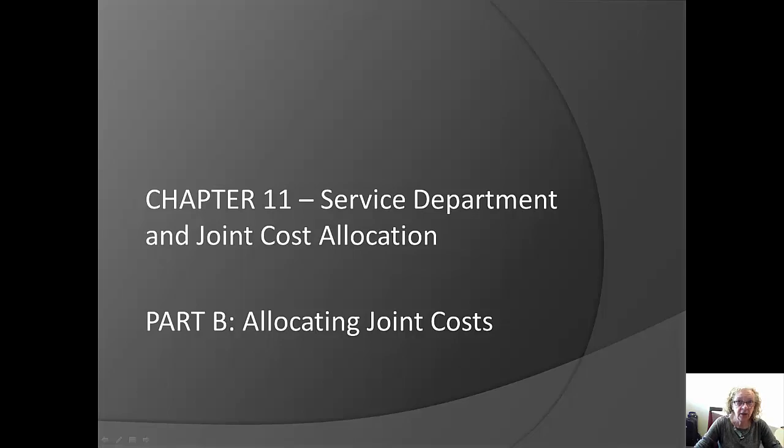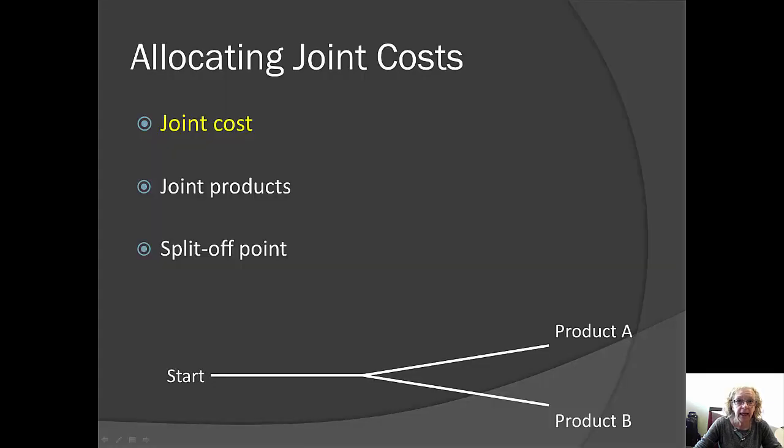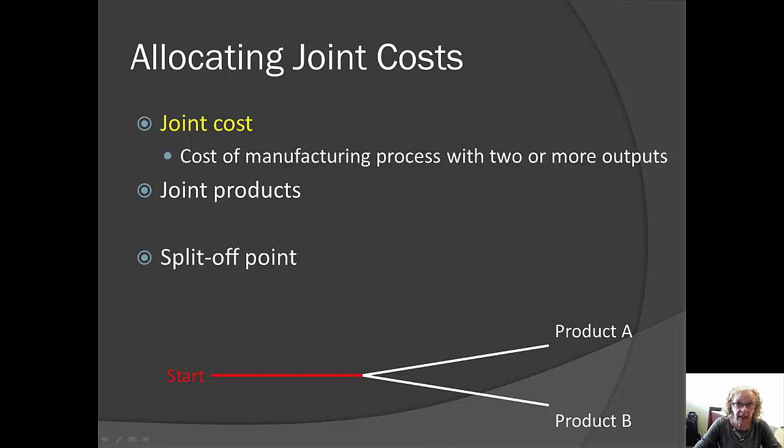The last topic that we will be discussing in our work on cost allocation is how to allocate joint costs. A joint cost occurs when a single manufacturing process results in two or more different outputs.